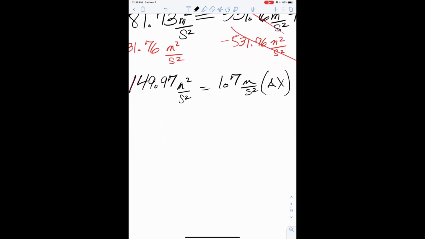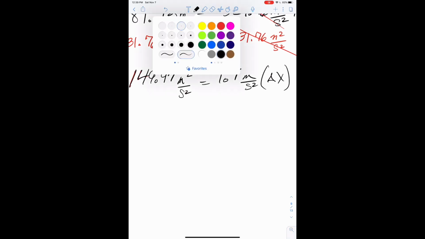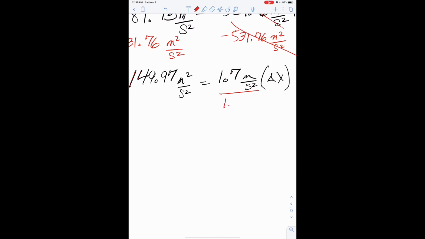All right, pretty straightforward here, just divide by 1.7, but I'm also going to divide by the units just to show you that, right? Those two cancel, these two cancel. We're left with delta x. Over here, divide by 1.7 meters per second squared.